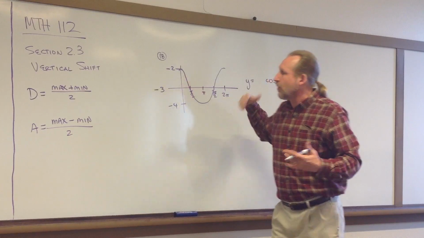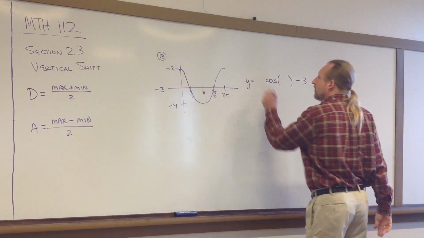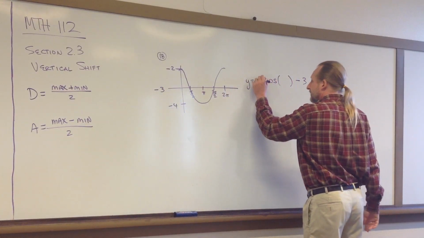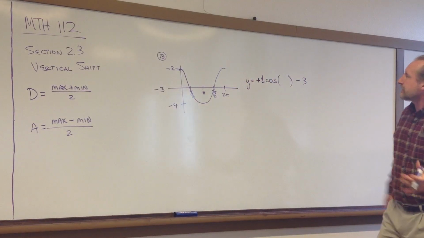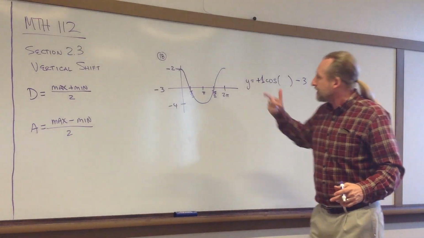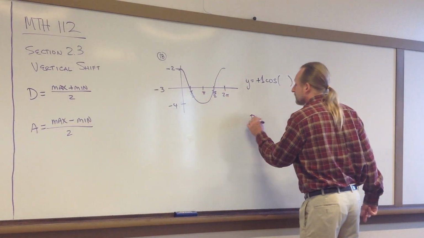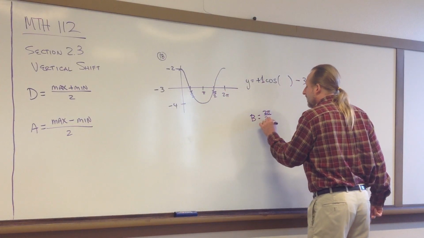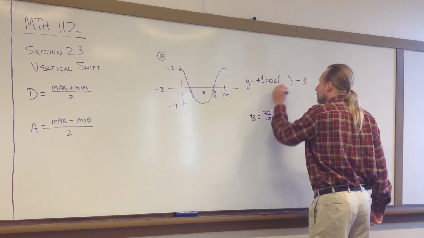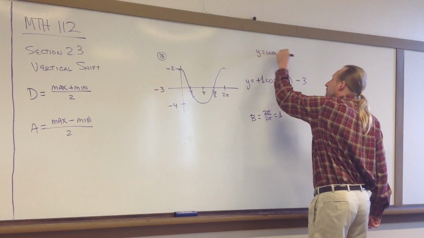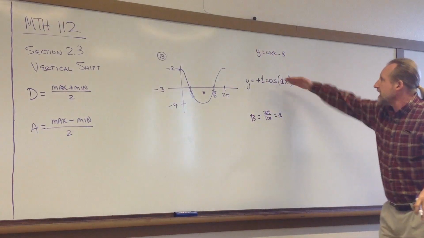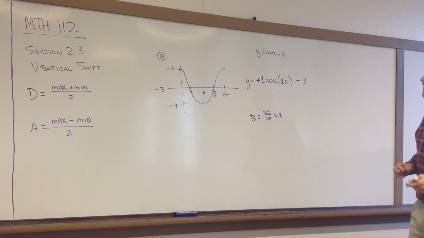This is 1, this is 1. And so you can put a 1 out in front here, or you can just leave it blank. That's up to you. And same thing inside here. Our period is 2 pi. So B is 2 pi over 2 pi, which is 1. So you can call it 1x, or you can just say y equals cosine x minus 3. Either one of these is correct. There's nothing wrong with either one.